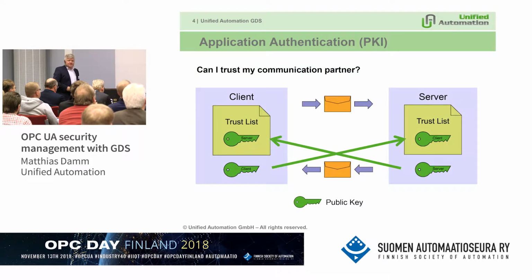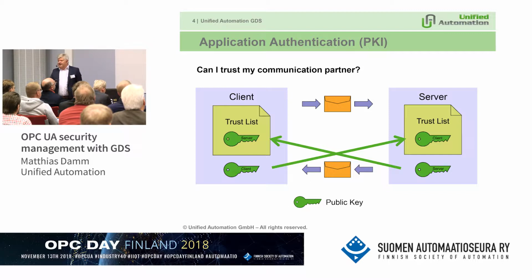So the basic principle of OPC UA security is based on a so-called PKI, public-private key infrastructure. And these certificates, these keys are used for different things as basic security concepts. And the first one is, how can I trust my communication partner?